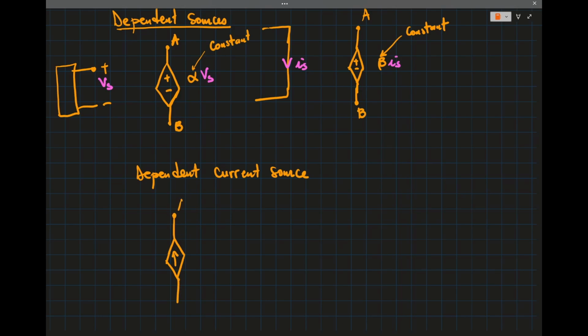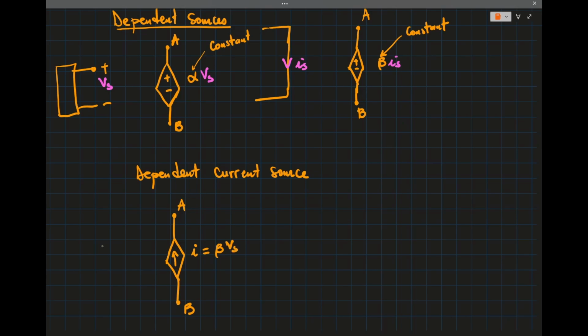This is a current source. Okay, and this current source depends on some voltage somewhere. So because it's a current source, I will be equal to beta times some voltage Vs somewhere.